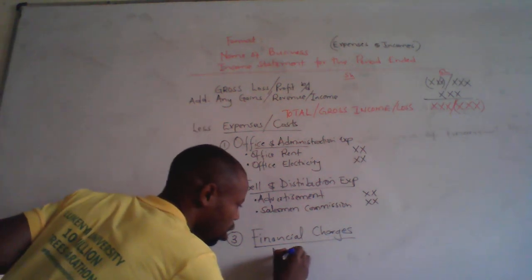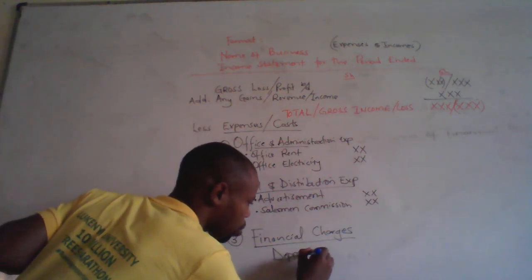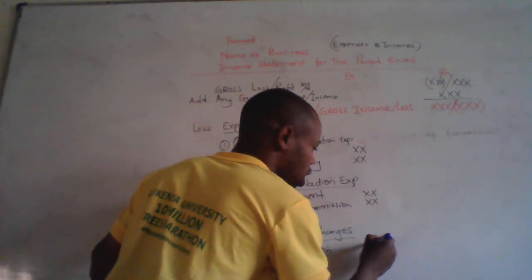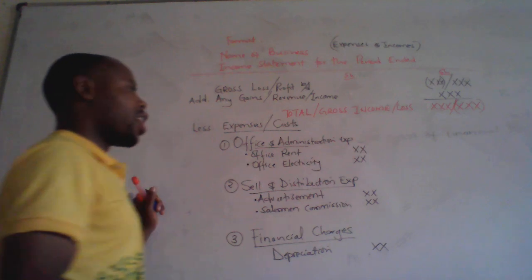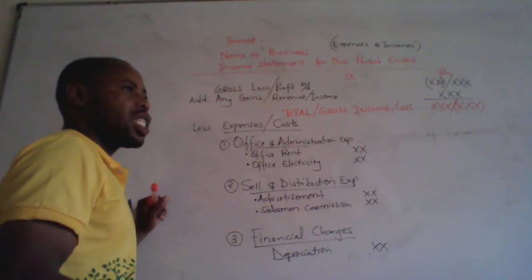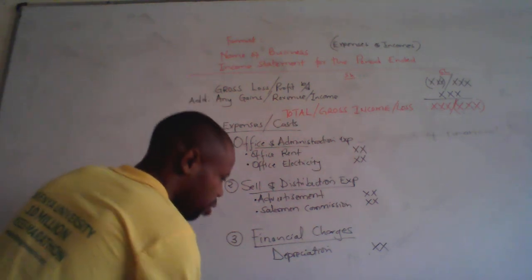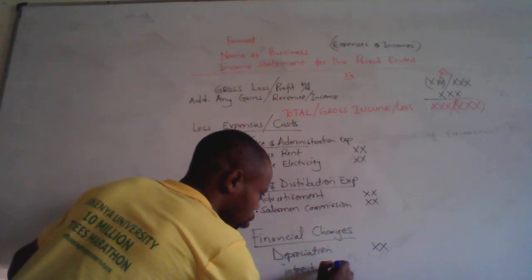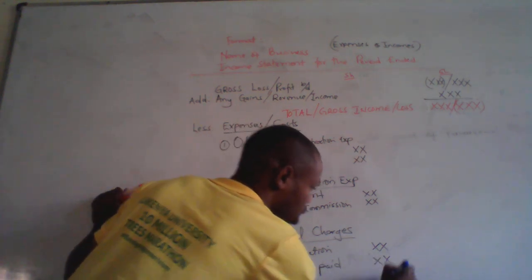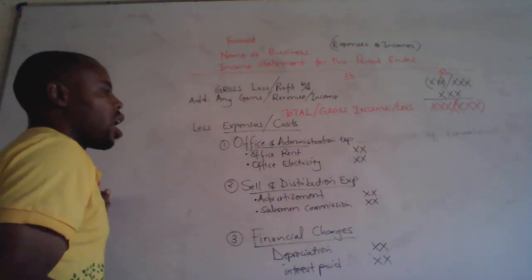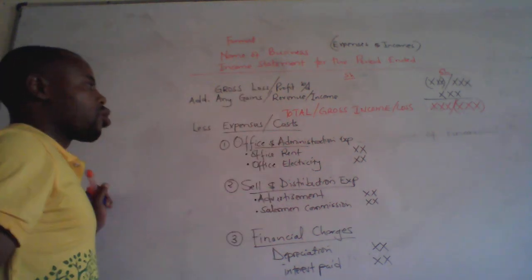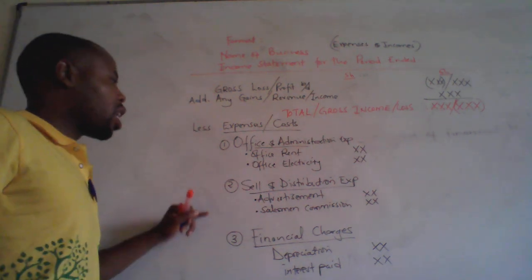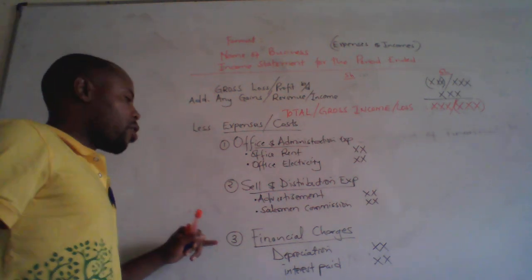If you have any depreciation, that one is posted there as a very good example of a financial charge. Any interest that is paid, again, is a financial charge. These are very good examples of the office, selling and distribution, plus the financial charges.